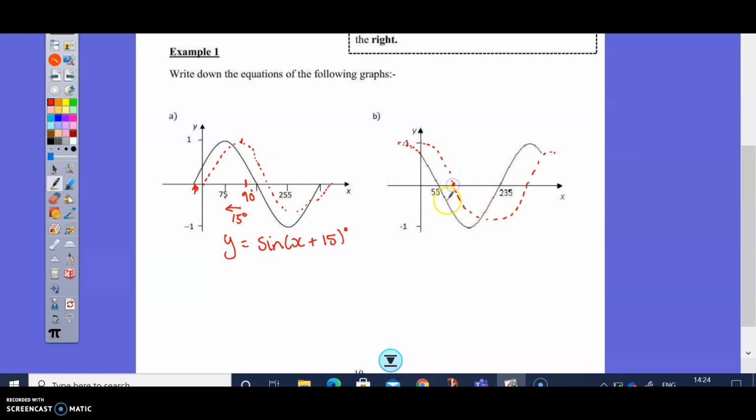It would normally cross the axis at 90 degrees, but this time it's crossing at 55 degrees, which means it's moved that way by 35 degrees. So that would be y equals cos x minus 35 degrees.